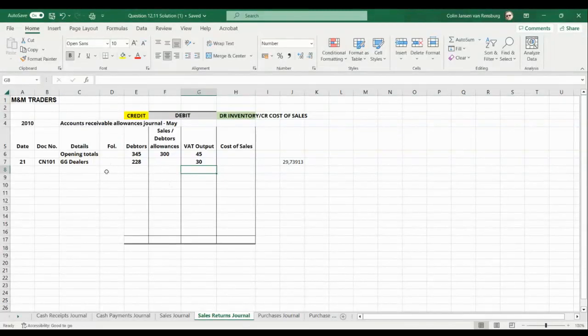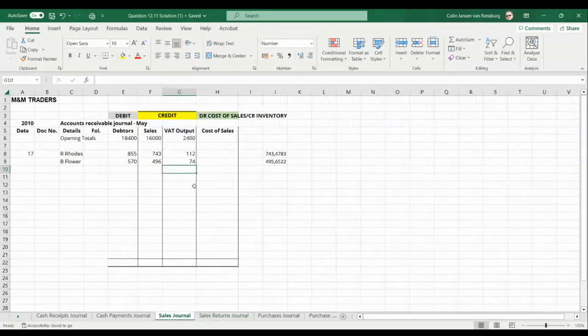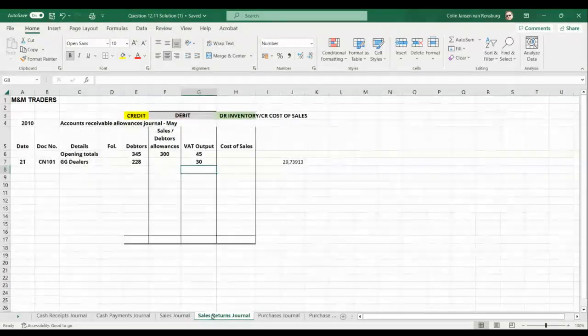When we did the original sale, let us maybe just go to our sales journal. I know it's not recorded here, but the VAT output for all the sales would have been credited, right? We would have credited VAT output, but now it is being reversed. That VAT output that was on the amount that was overcharged is being reversed.